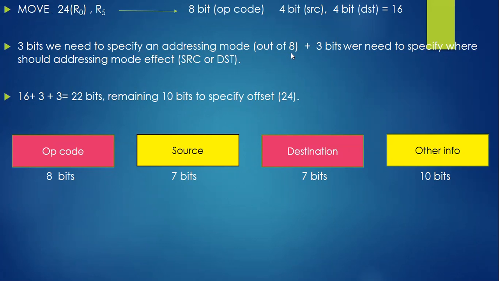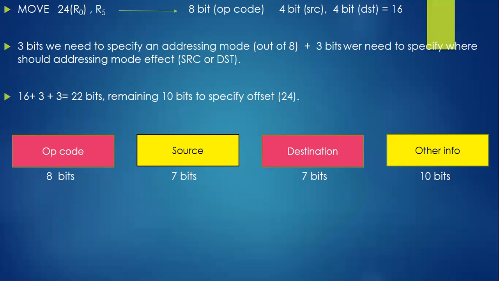If you start naming all those addressing modes from 0, how many bits do we need? With 3 bits, I can accommodate all 8 numbers starting from 0: 0, 1, 2, 3, 4, 5, 6, 7. Total 8. So using 3 bits, I can easily accommodate the value 8, exactly.